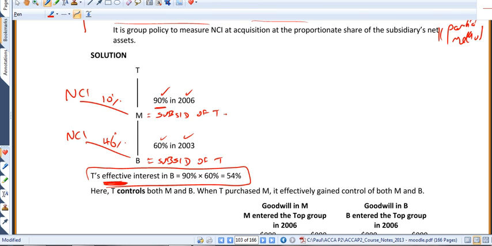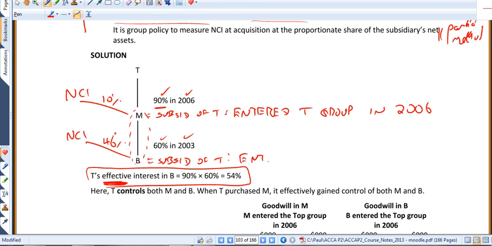We can also think about when these companies entered the group. Middle entered the top group in 2006. That's when top bought middle. But don't forget that middle already owned bottom at that stage.